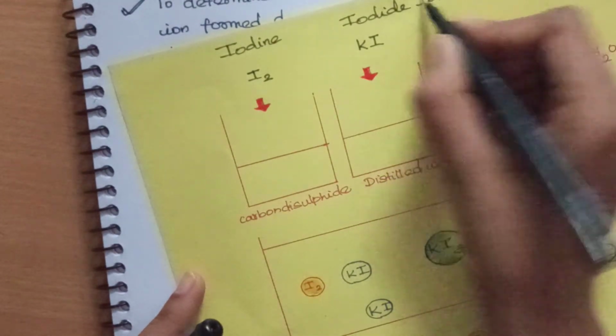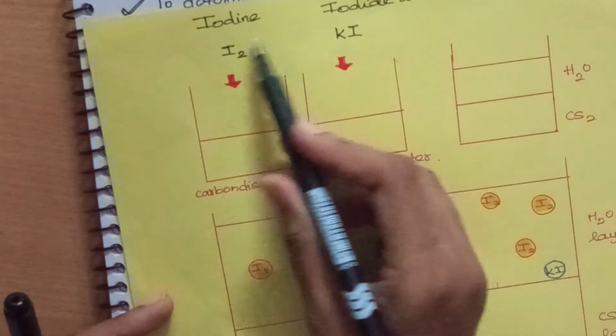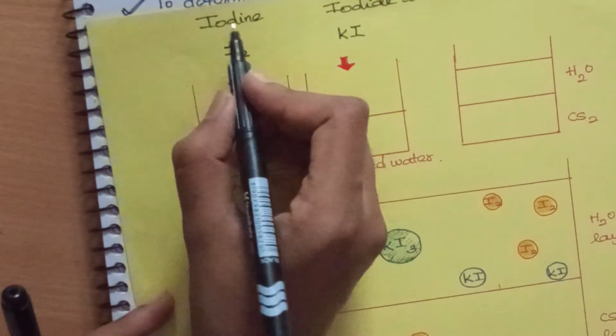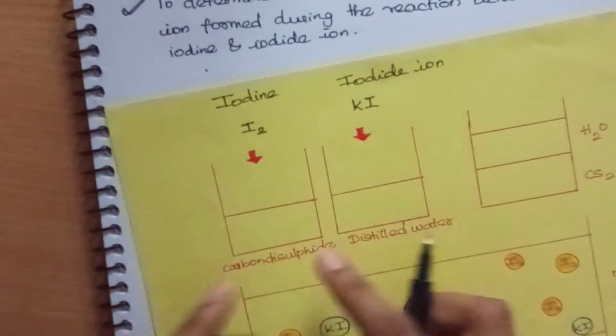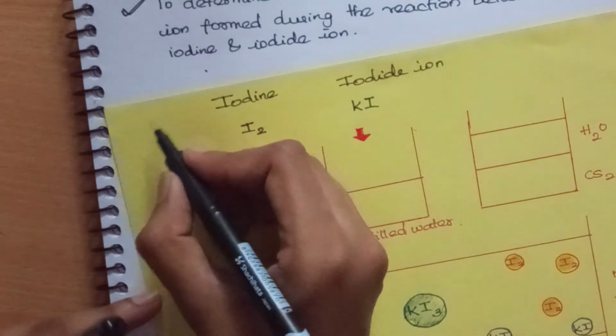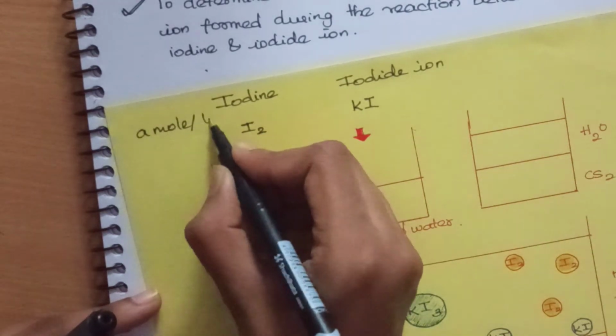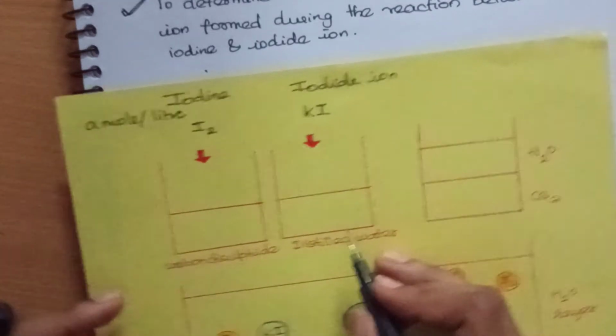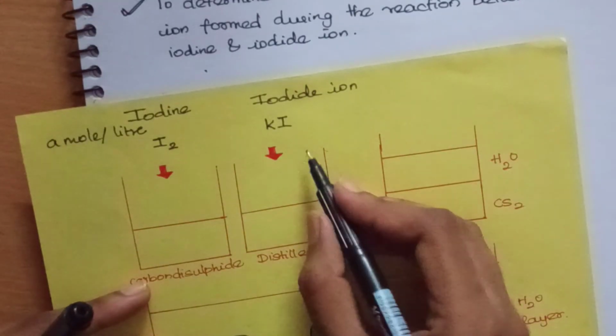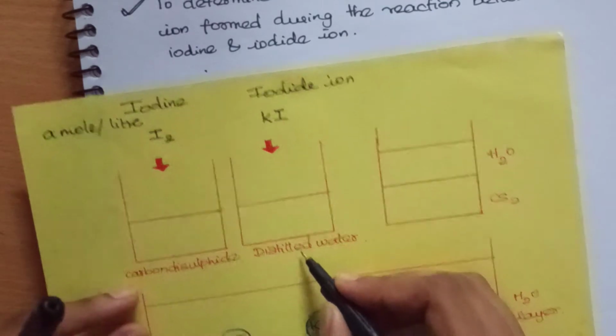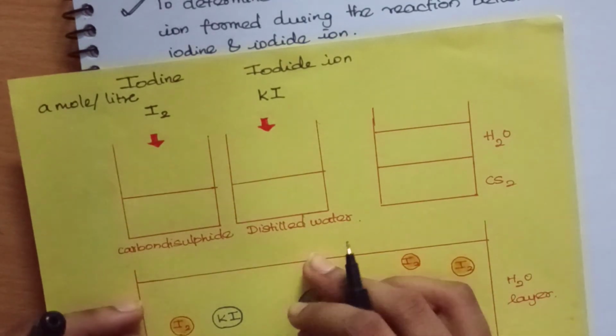Here this solution contains A moles of iodine per liter, and this solution contains potassium iodide in distilled water. It is pure water.